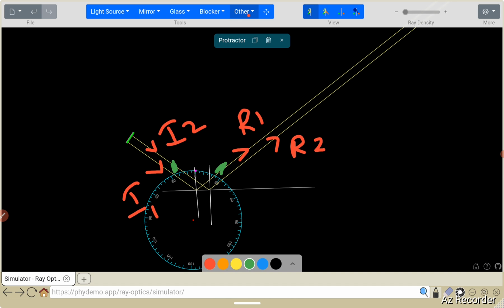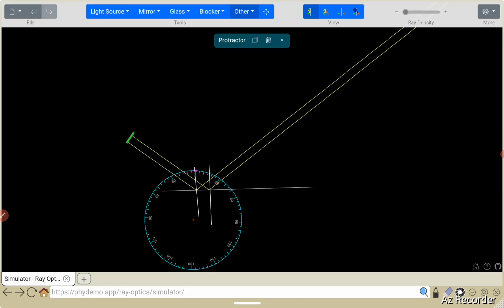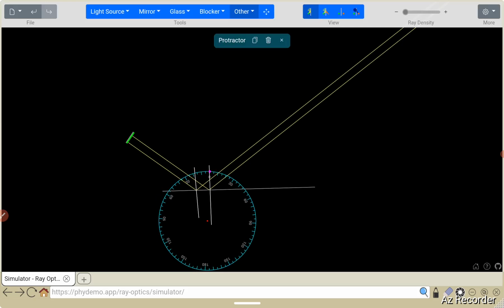Understood? The same thing, I will just shift this protractor to this normal. Now also observe the same angle. For 30, one number before, and here also for 30, one number before.